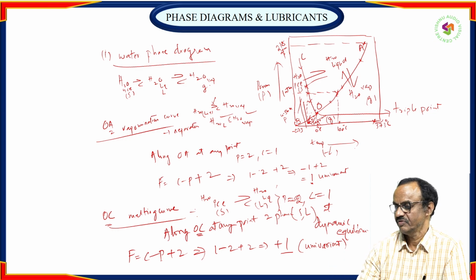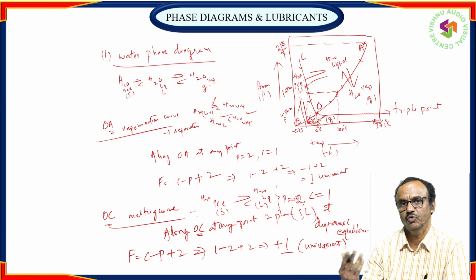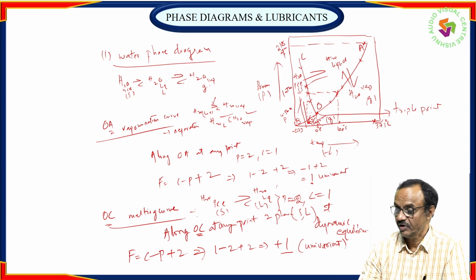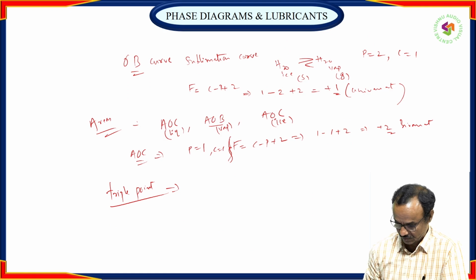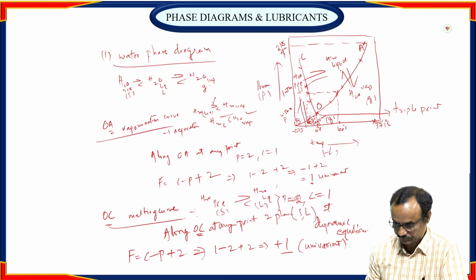Vapor of ice, vapor of liquid: since both are gases, they can be mixed together, so homogeneous. So possible phases at O visible to you in the diagram: vapor, solid, liquid.